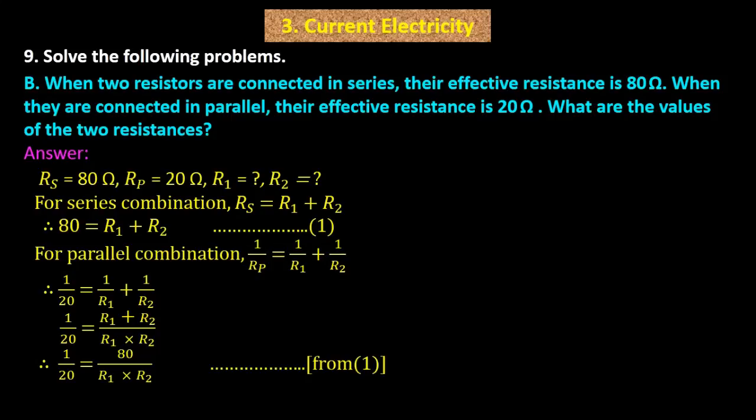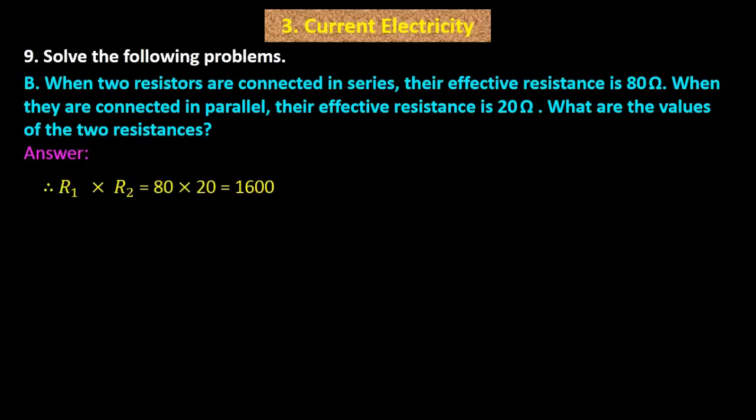Therefore, 1 upon 20 is equal to 80 upon R1 multiplied by R2. Therefore, R1 multiplied by R2 is equal to 80 multiplied by 20 is equal to 1600. Therefore, R1 is equal to 1600 upon R2.